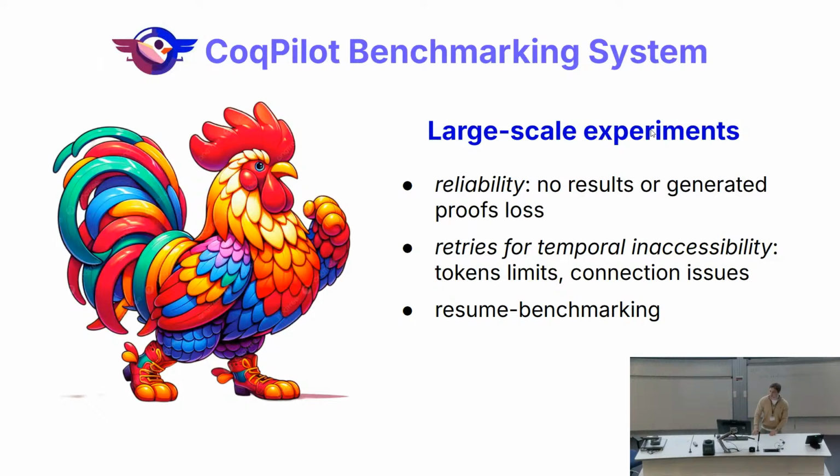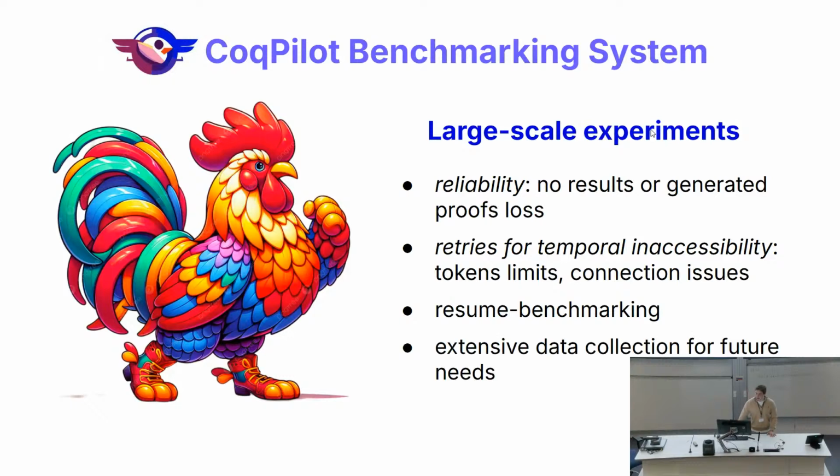And also, we live in an unpredictable world, so your machine could die or something. We implemented the feature to resume benchmarking, even if something went completely wrong. Also, we can collect extensive data throughout the whole run to analyze it afterwards.